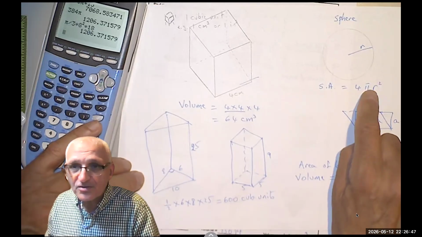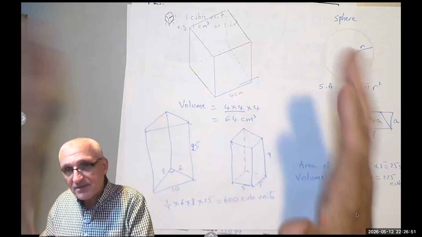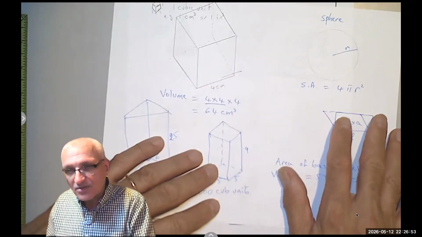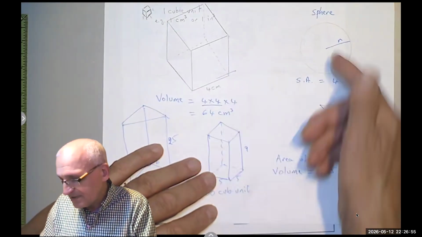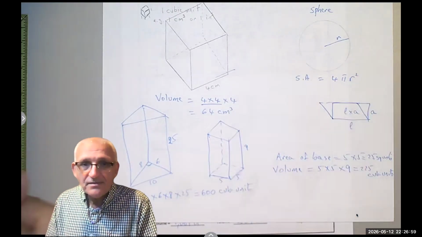That's an important one because it's hard to find it yourself, because you also need higher level math to be able to prove that. But the rest are simple, okay?